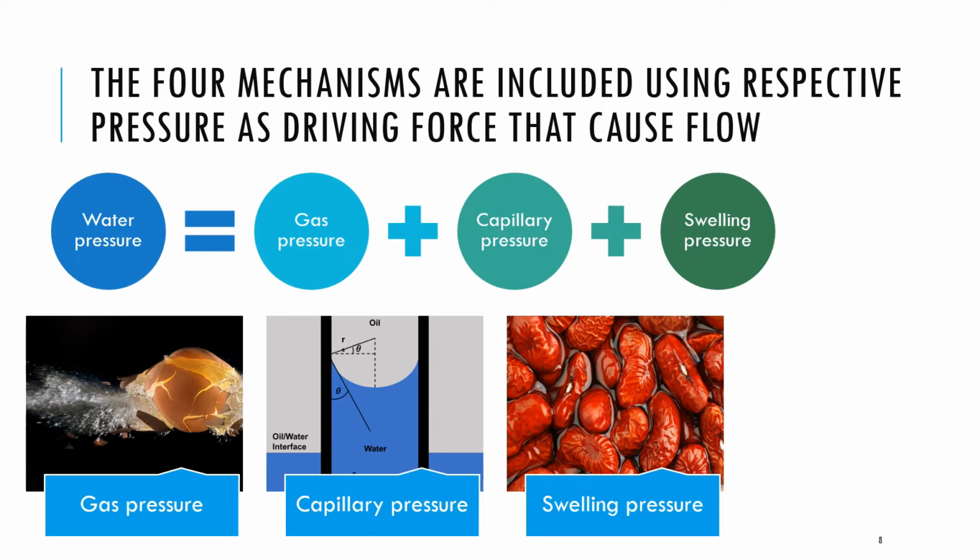So this becomes important in meat cooking as the meat shrinks with heat. Then, of course, there is gravity. So the point is, all of these four mechanisms are considered in terms of their respective pressures, and those pressures are added together, and we're going to write the equation in terms of this total pressure.